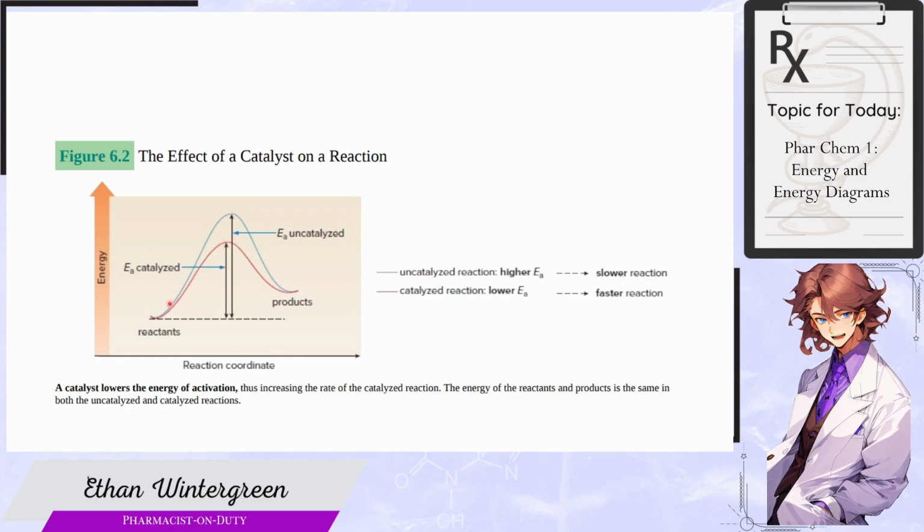However, if you catalyze the reaction, you would end up with a lower activation energy, giving you a faster reaction. Since a catalyst lowers the energy of activation, the rate of catalyzed reactions increases. The energy of the reactants and products is the same in both the catalyzed and uncatalyzed reactions.